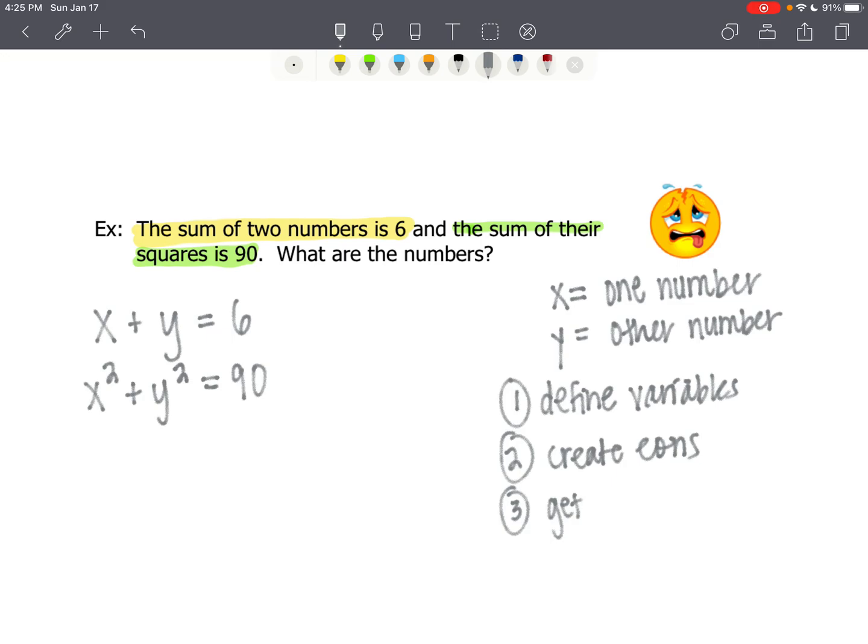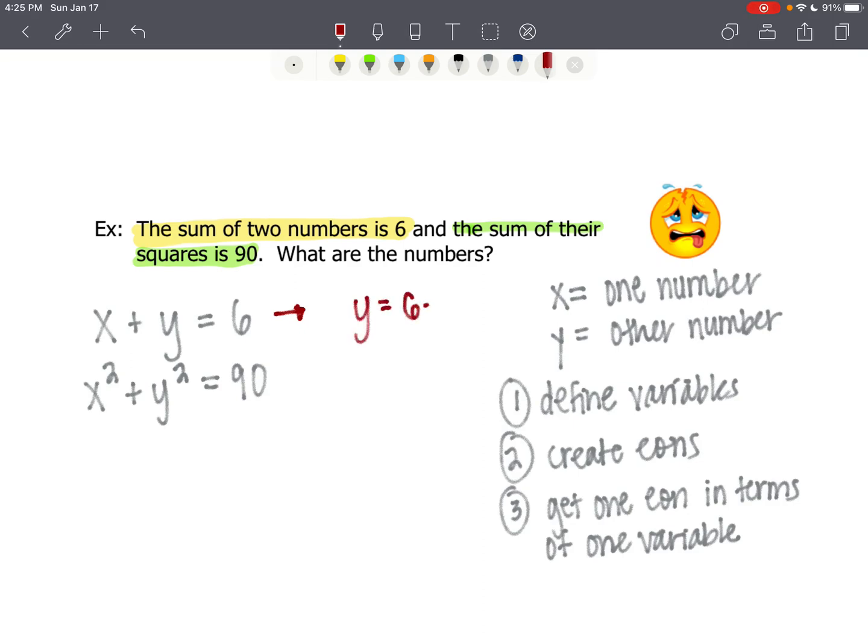And we're going to do that by getting one equation in terms of one variable. So we're going to take this first equation and I'm going to solve it for y. So y is equal to 6 minus x.